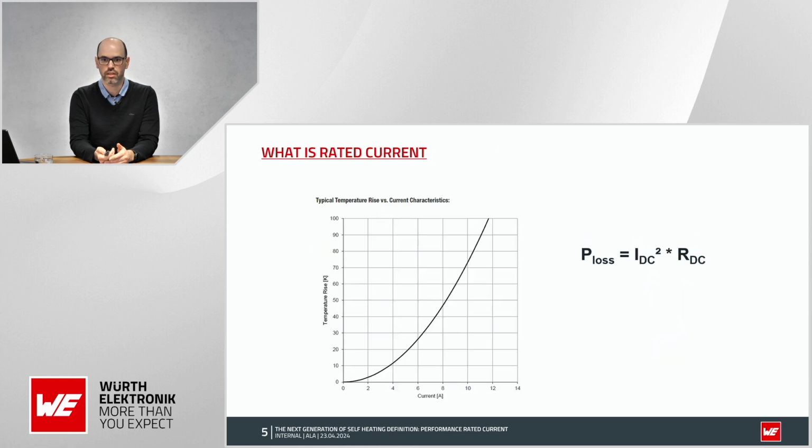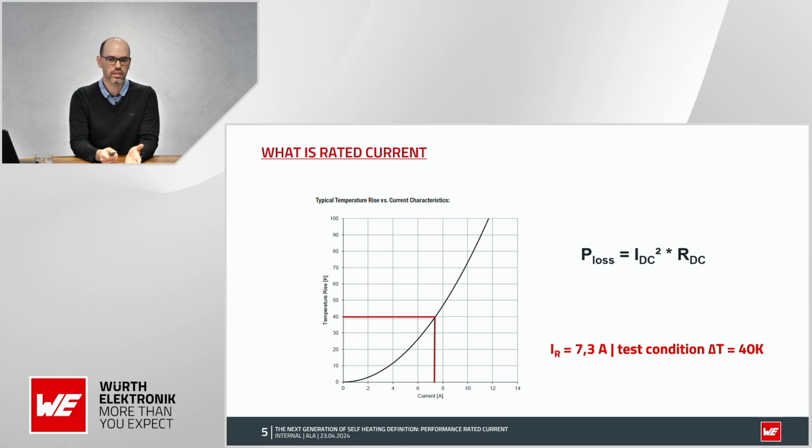So let's have a look again inside of the data sheet. What we can see here is that the self-heating of a component is, like expected, this quadratic function. So if we let a DC current through our component, it will heat up accordingly. So how to read this chart?